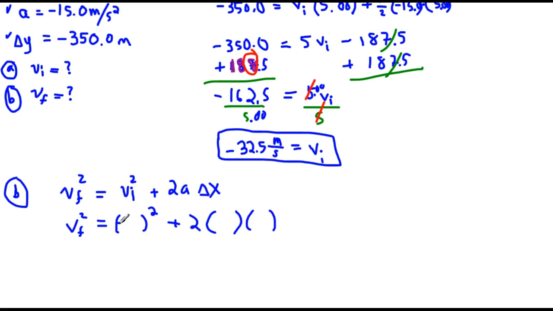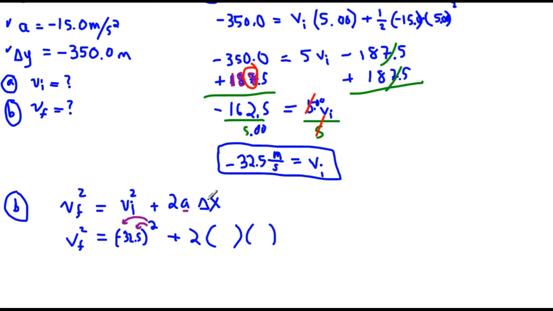VI, my answer was negative 32.5. Oh, but look at this. It's squared, so when I square the negative, it's going to go away, so I'll just be squaring 32.5. Negative 1 times negative 1 is positive. Alright, the acceleration, that's the next thing to put in. I substitute in the value of negative 15.